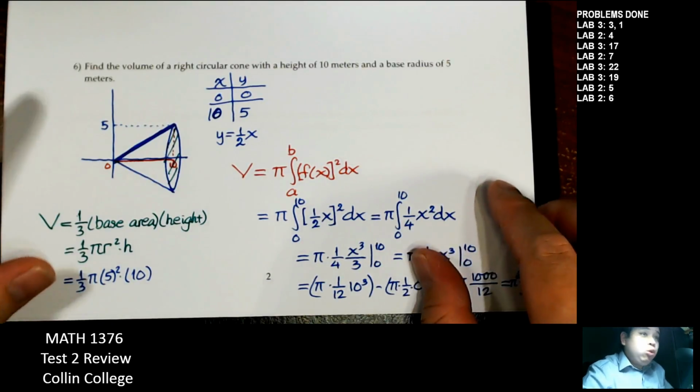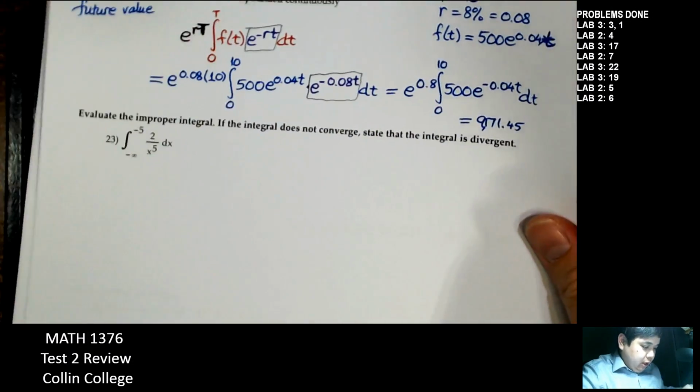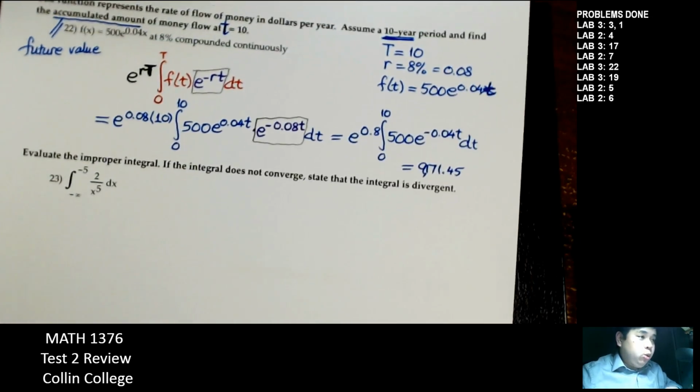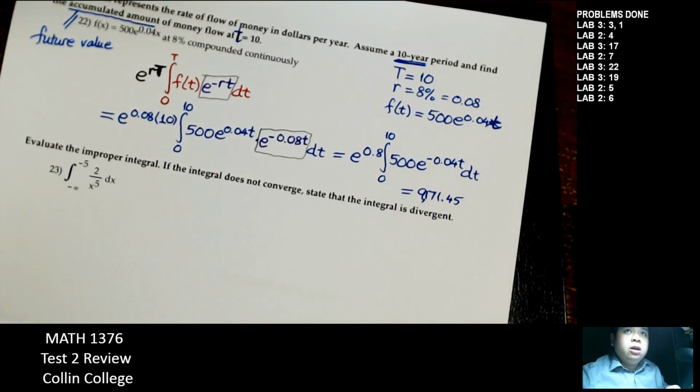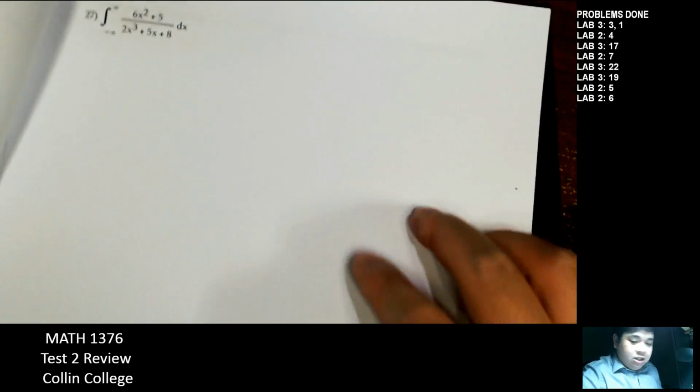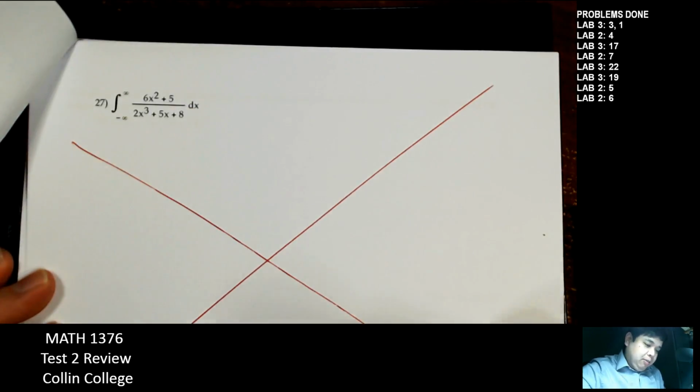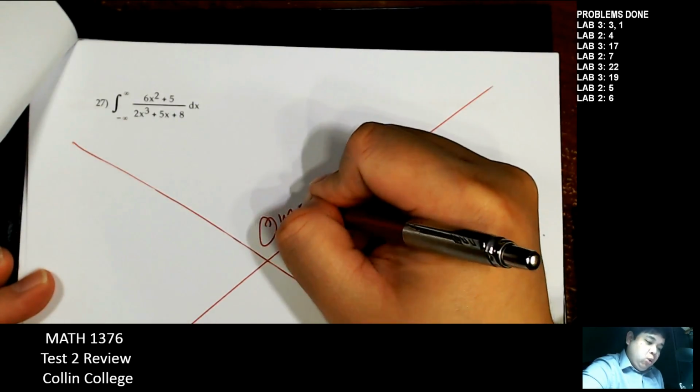Right. Next we do the improper integral. So anything from 20 on: 23 to 26, because remember in class we did say that we omit number 27.